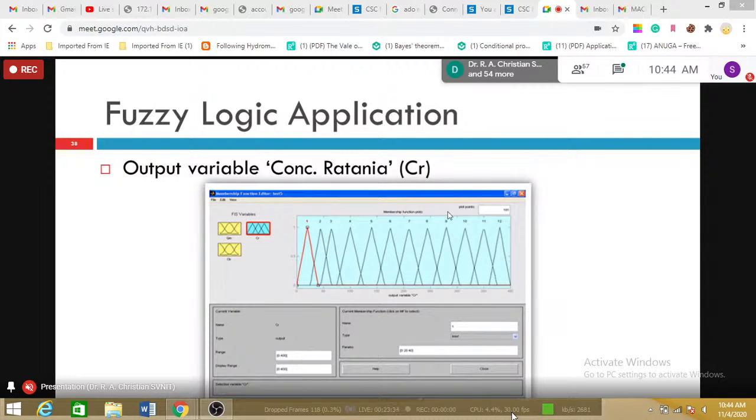Just 2 inputs and 1 output: concentration at Ratania regulator. And you can compare now how simple this system becomes when we apply fuzzy logic. All that uncertainty related to those coefficients to be applied to the mathematical equation vanishes. I don't need those things here. That is the logic here.